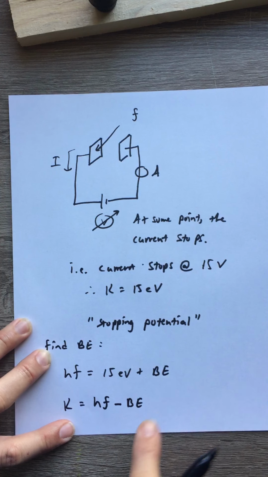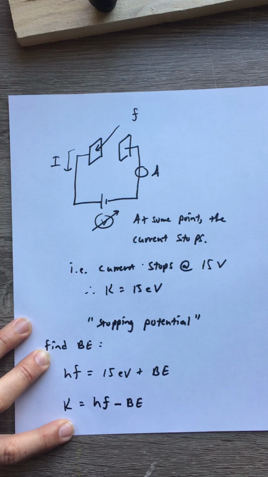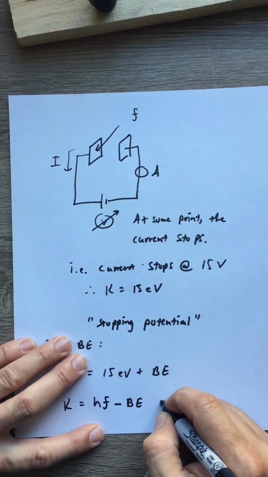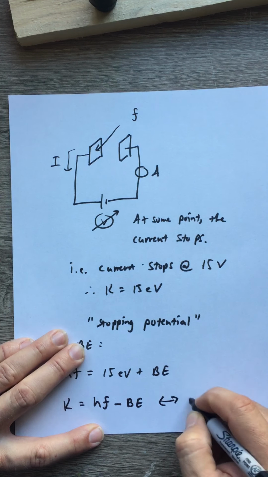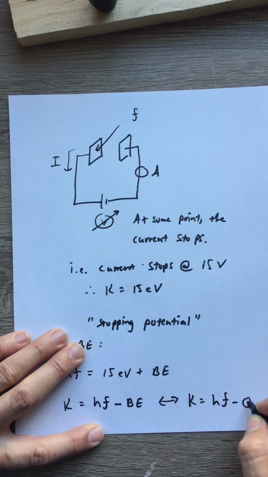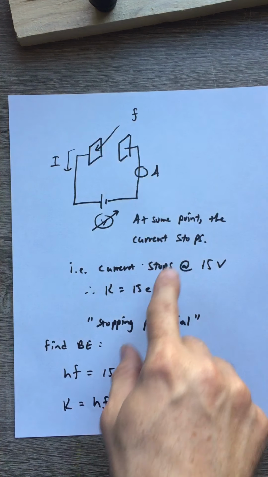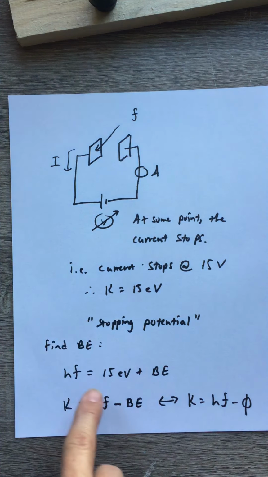I will say your book is the only one that I've ever seen to use this particular notation. You will very often see this written as kinetic energy is equal to hf minus the Greek phi. We usually call that the work function. It means the same thing as the binding energy of the electron. So we know how to get the stopping potential.